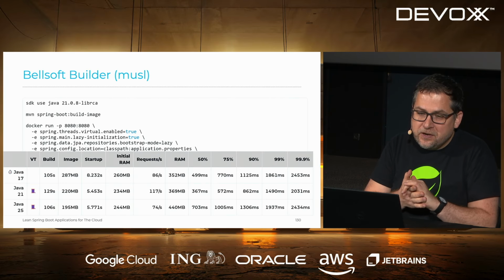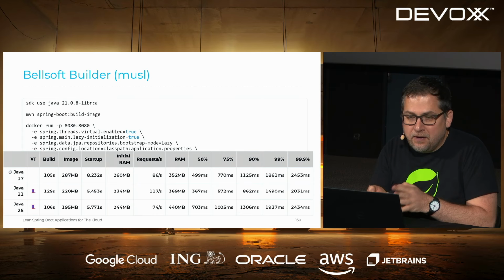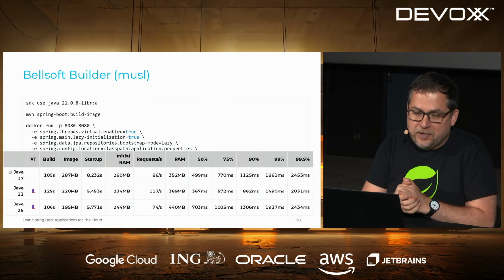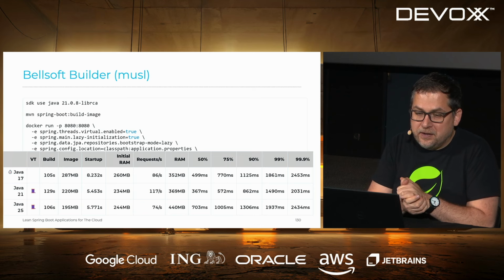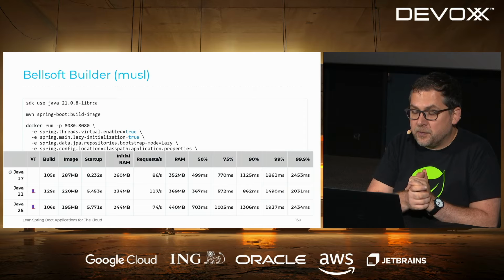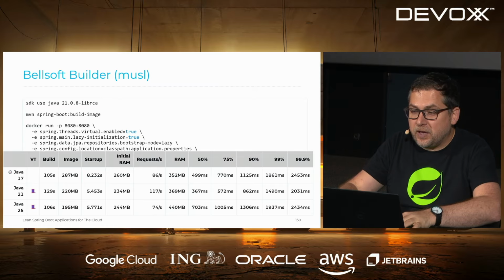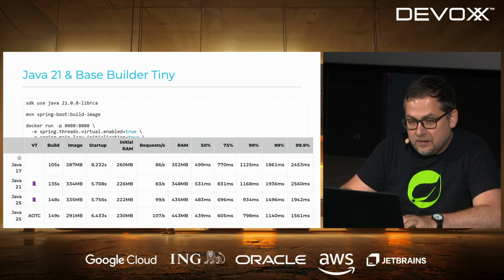So as you can see here now, I have been using the Bellsoft builder with Alpaquita and musl, and we could shrink the image size by 90 megabytes. The startup time is almost 3 seconds faster. You also see the RAM use is better. We have more throughput. We have better response times. So you can just do a few things by applying those techniques I showed you.